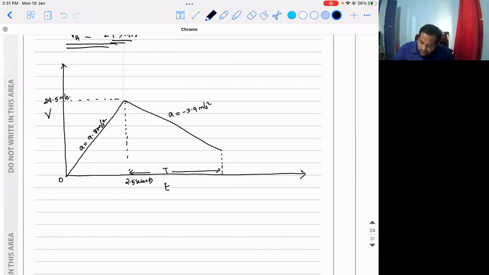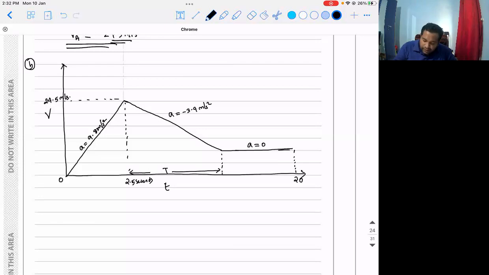Then with the same speed he maintains and reaches a time of 20 seconds, because altogether it is 20 seconds, right? So this is the speed-time graph for the given data. Here the acceleration remains 0. So this is the answer for the B part.